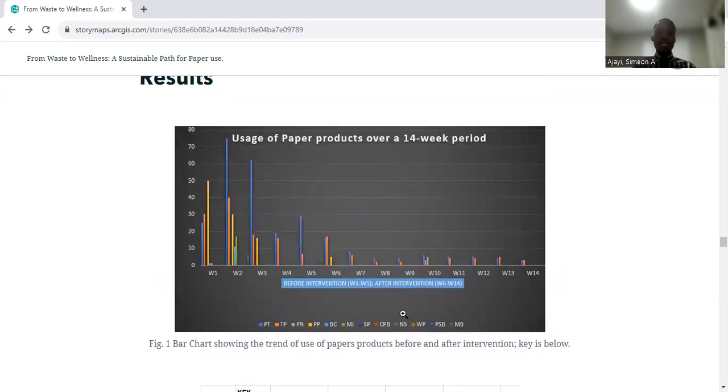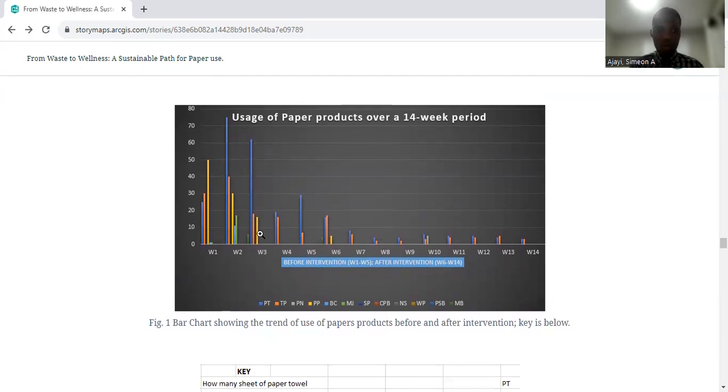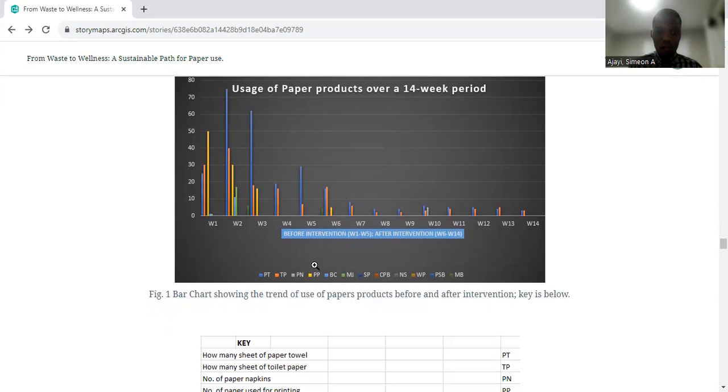We can see from this bar chart, which is color-coded, that the vertical axis is the usage of paper products. For week 1, the use of paper was a little high, up to 50, for printing paper, which is orange here.